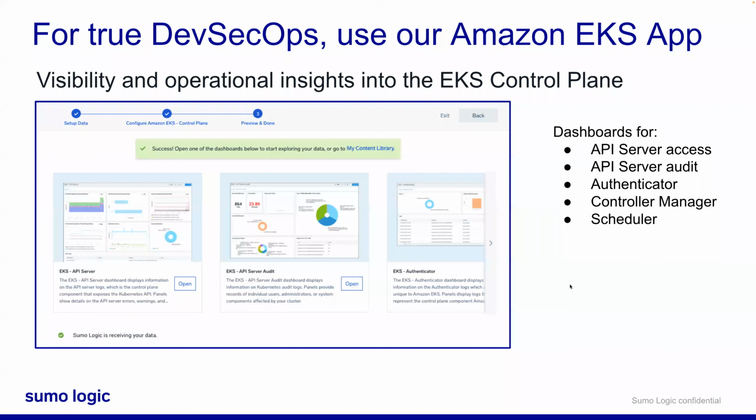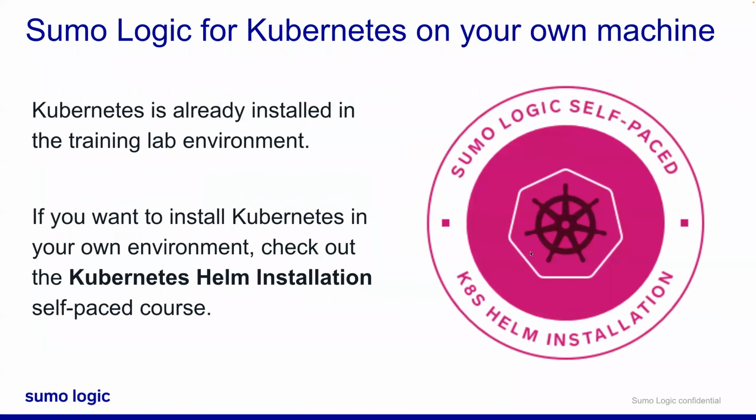I'm getting very close. One last slide. As it says here, Kubernetes is already installed and configured in the training lab environment, which we're going to use shortly, so you don't have to do any of this work. This is great because we can start analyzing data right away. But if you wanted to install and configure Kubernetes in your own environment, and I'm not encouraging you to do this right now, we do have a Kubernetes Helm installation self-paced course.